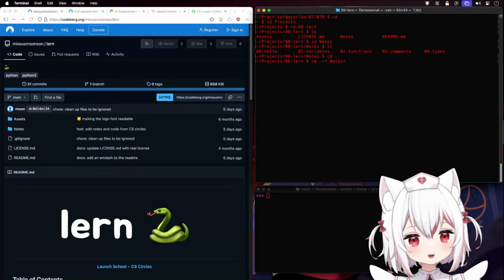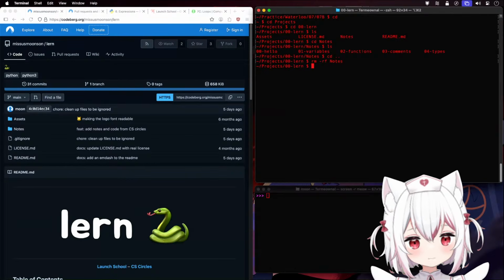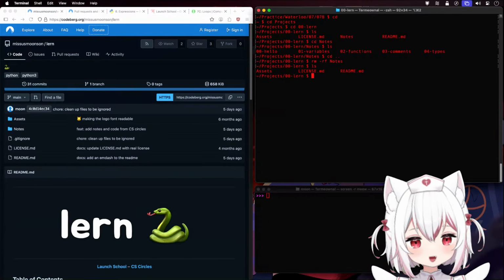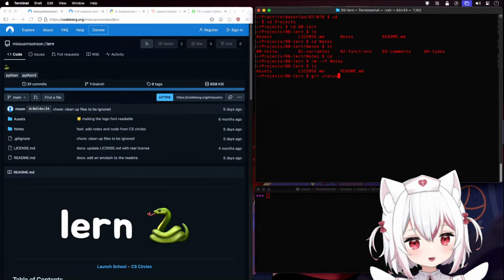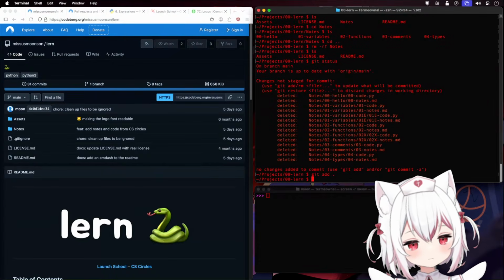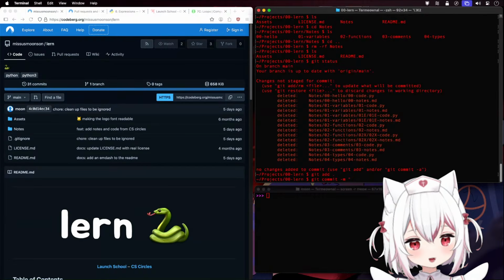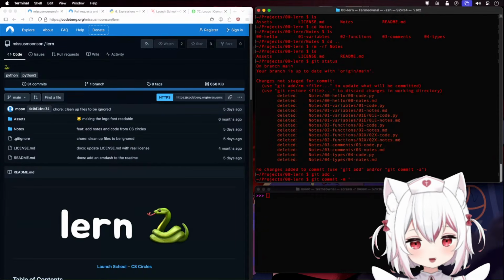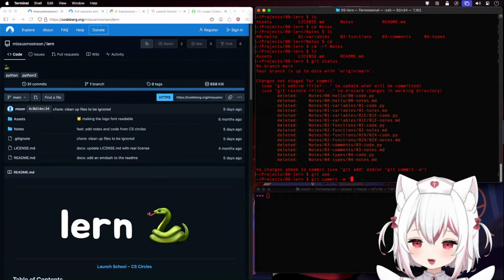Oh god, every time I have to do this, I get nervous. Is it R or is it RF? Let's just do notes. Okay, it's gone. R for recursive, F is for force. Yep. Okay, so I just need the R, I don't need the F.